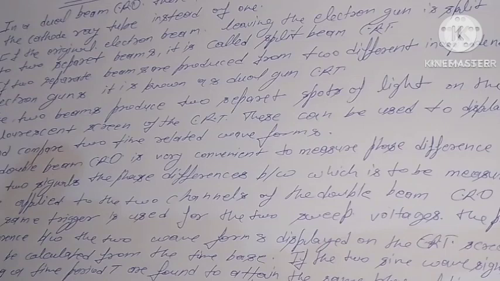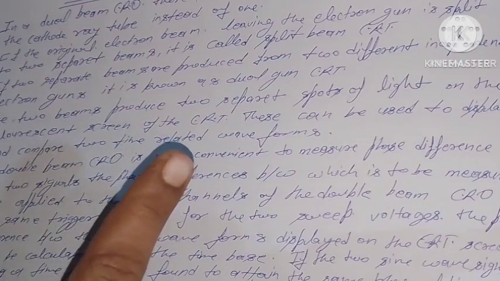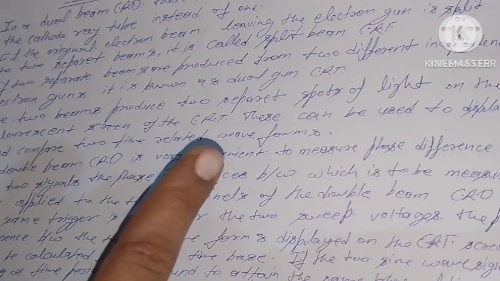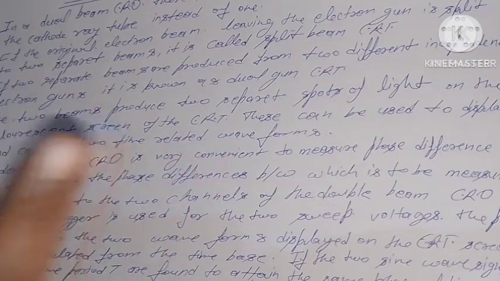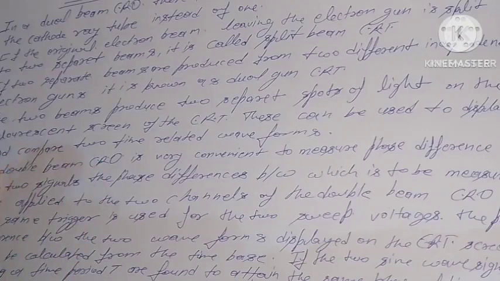If two separate beams are produced from two different independent electron guns, it is known as a dual gun CRT. Okay? Next.